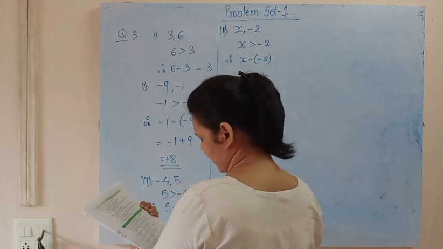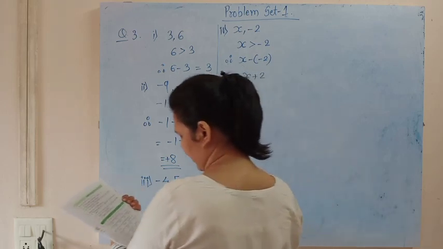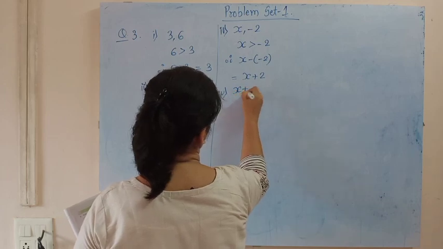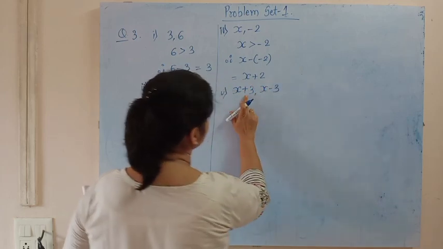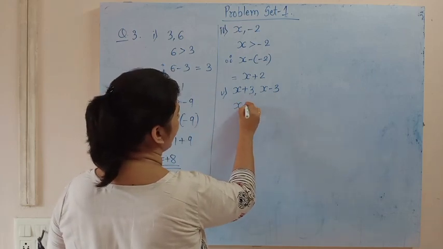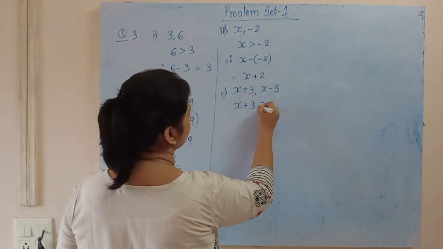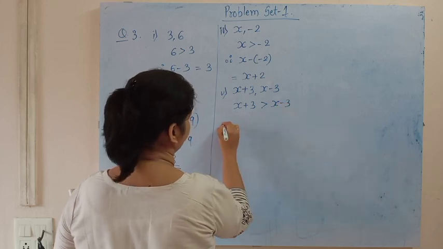Now in fifth question, x plus 3 and x minus 3. What are the numbers? As this is positive number, so we have to assume x plus 3 is bigger than x minus 3.